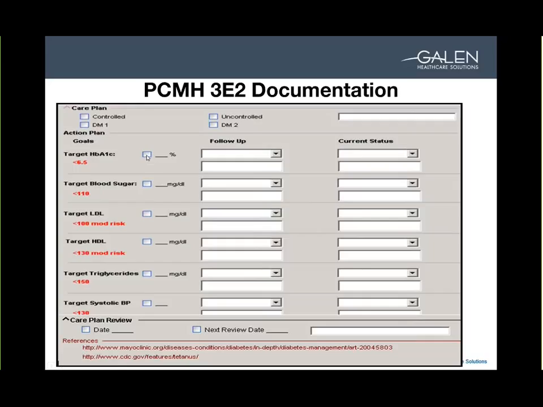The intent of 3E2 is that I'm providing some type of support process, some decision support, to my providers so they can care for their patients. It's not saying that the patient's going to get to that; it's really that you've got legitimate evidence-based practice, based on recent standards, to guide your practitioners and your care team.